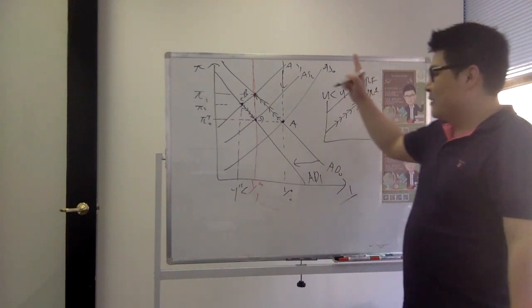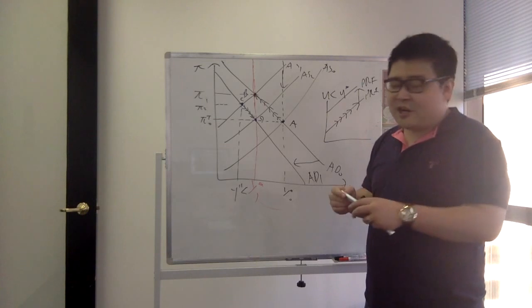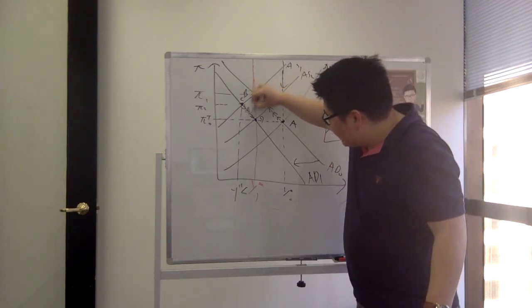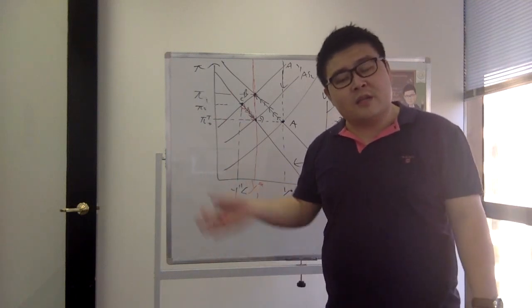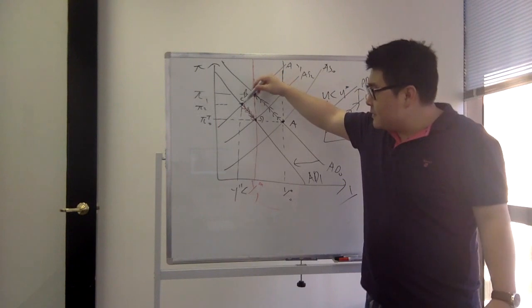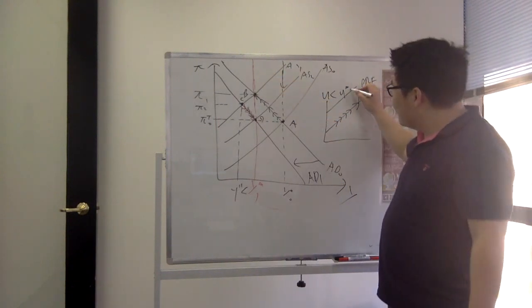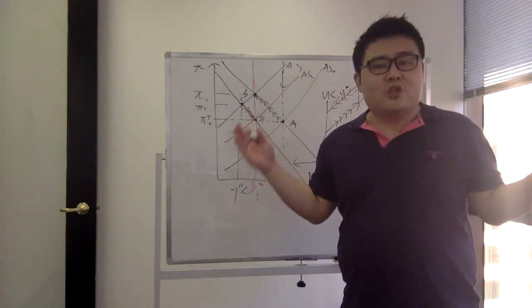So, from C to D, how does the economy return? From C to D, you have to show the corresponding movement along the policy reaction function, yes? So how does the economy move from C to D? It is a movement along the new policy reaction function in the opposite direction, yes?